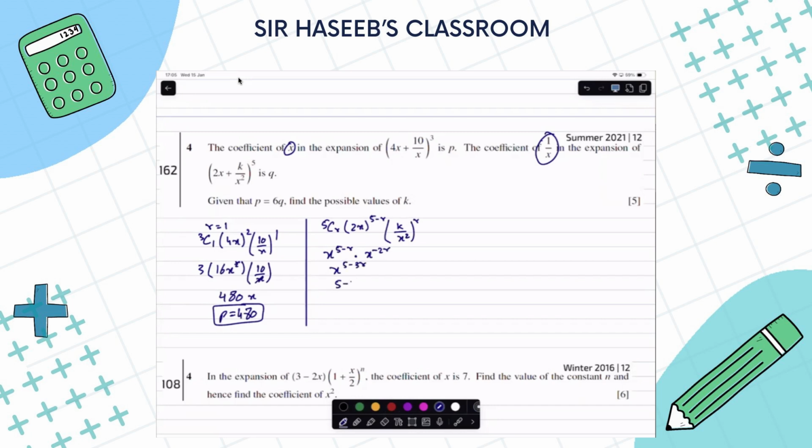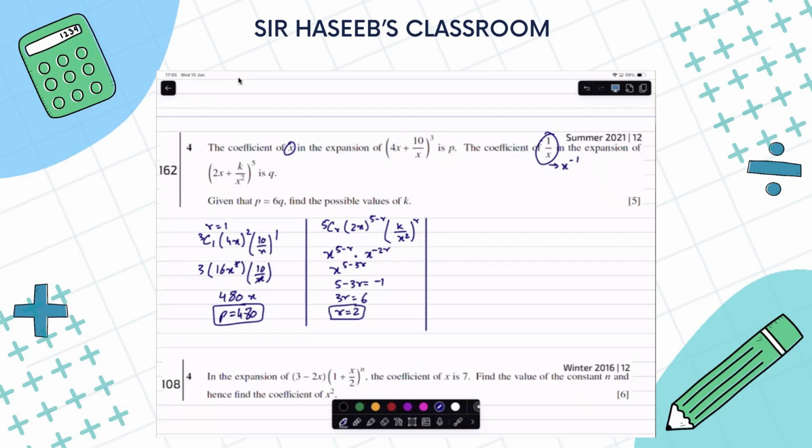This 5 minus 3r is equal to minus 1 because I need power to be x negative 1. So 3r is 6, r is supposed to be 2.